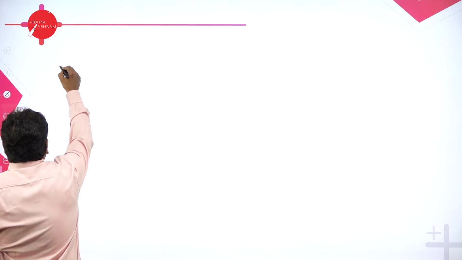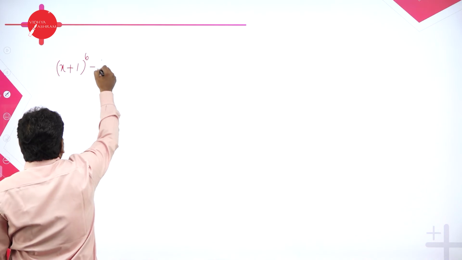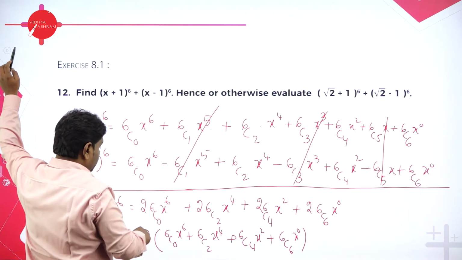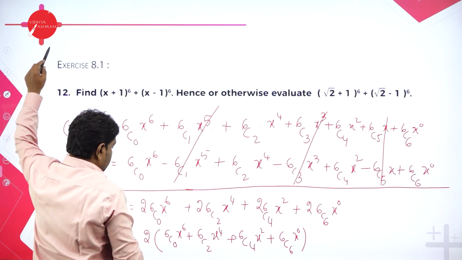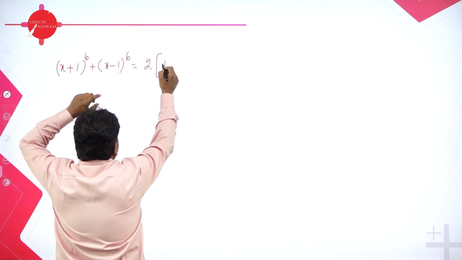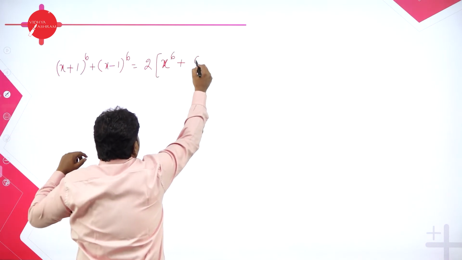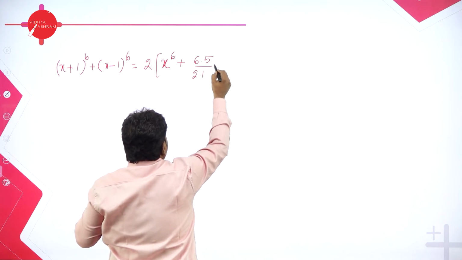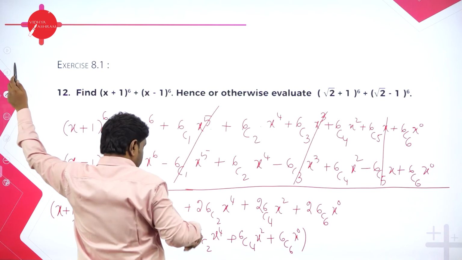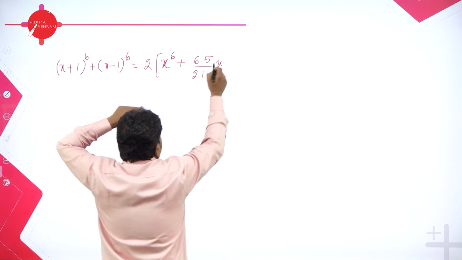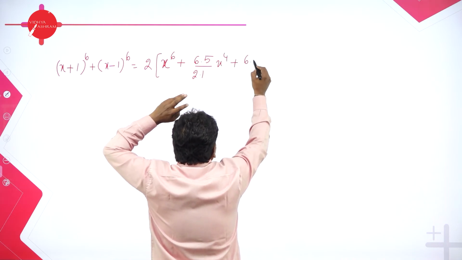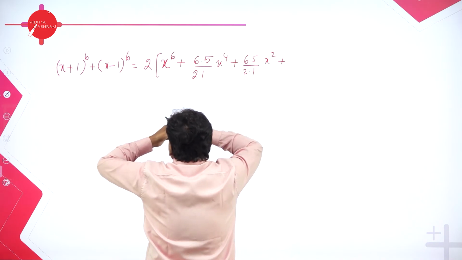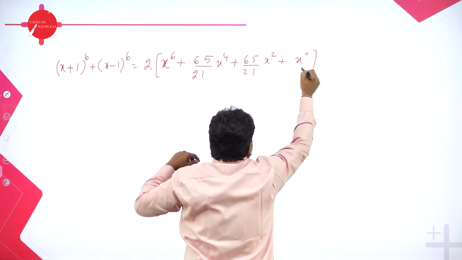So now x plus 1 power 6 plus x minus 1 power 6 is 2 outside, 6C naught is 1, then 6C2, 1 into x power 6, 1 into x power 6 is x power 6 is the first term, plus 6C2 means 6 into 5 divided by 2 into 1, x power even terms will have power 4. 6C4 means it is same as 6C2. 6C2 means 6 into 5 divided by 2 into 1, x square, and we have 6C6. 6C6 is 1, x power 0.